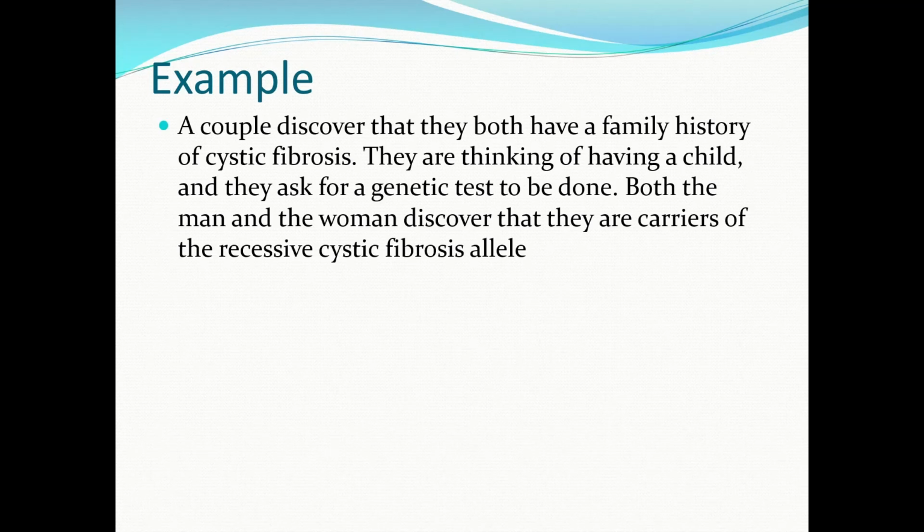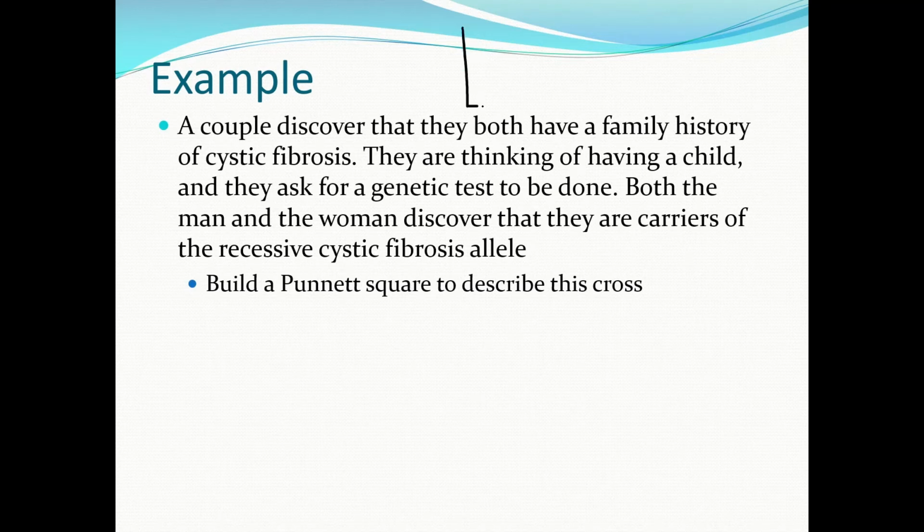So let's do some questions. So a couple discover that they have a family history of cystic fibrosis. They're thinking of having a child and they go for a genetic test to be done. Both the man and the woman discover they are carriers for the cystic fibrosis allele. Build a Punnett square for the cross. So they are carriers. And for cystic fibrosis, let's just use r and big R because they look really different.